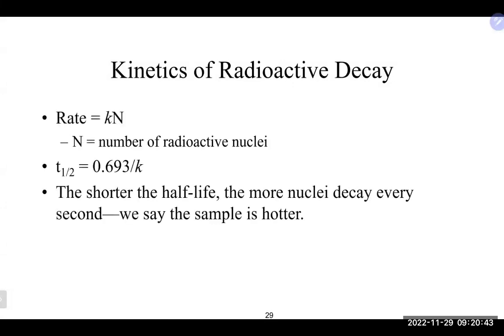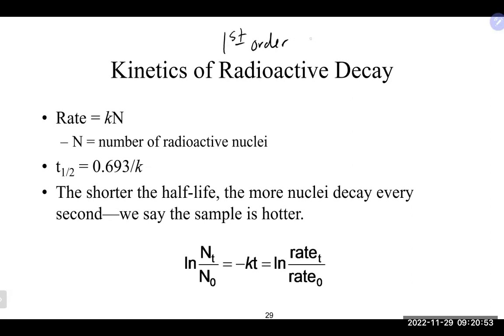So let's talk a little bit about kinetics and radioactive decay. It's a good review coming up here for the final. So pretty much all radioactive decay follows first order kinetics. We remember first order kinetics, that's our favorite. That is the natural log of A equals the natural log of A naught minus kt.